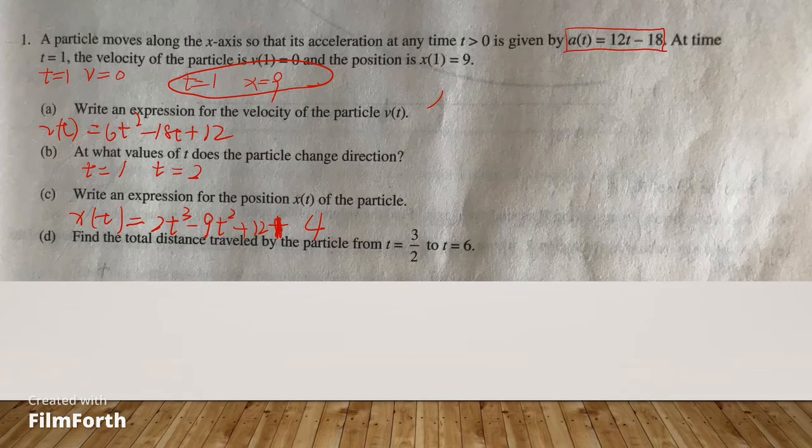Let me write the expression. We can just integrate from 3/2 to 6 the absolute value of the velocity function, 6t squared minus 18t plus 12 dt.